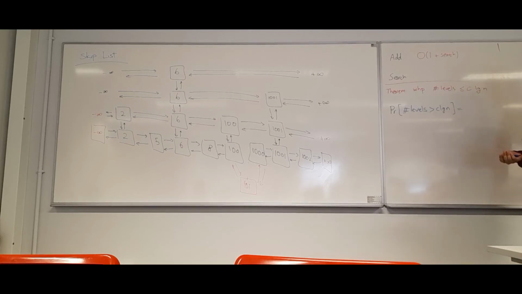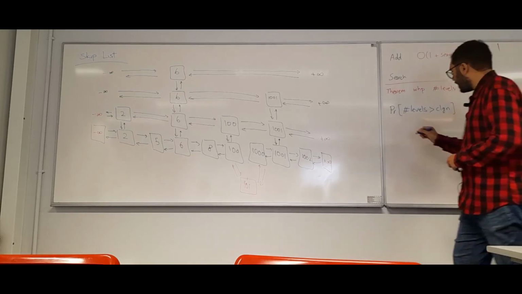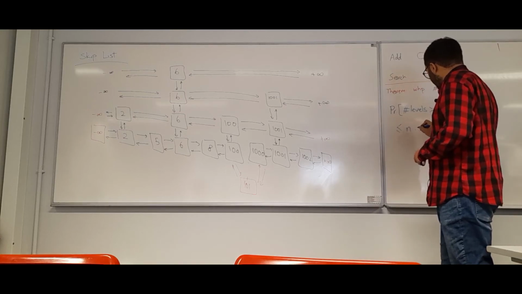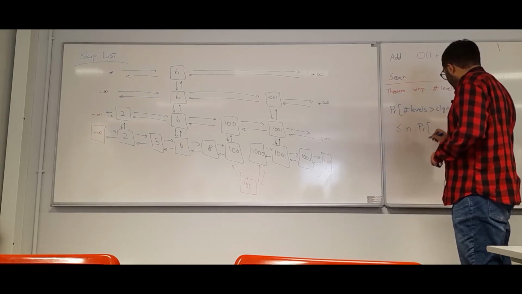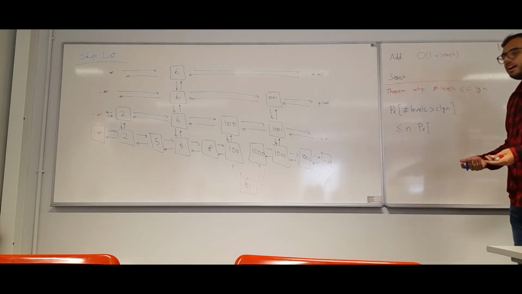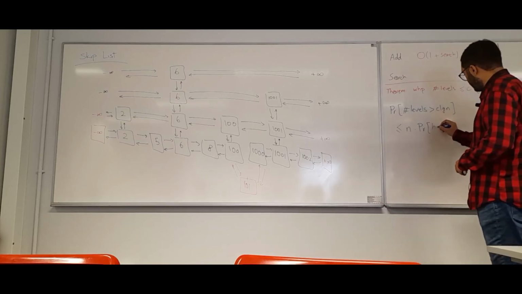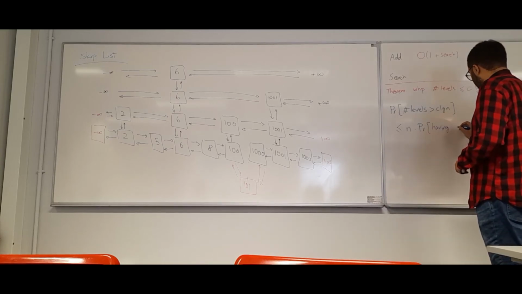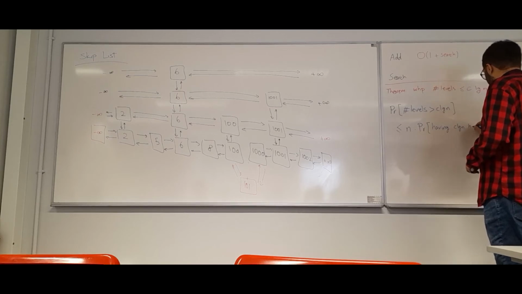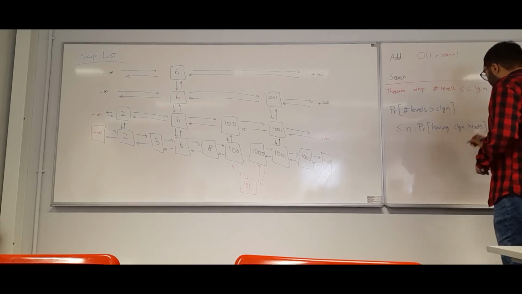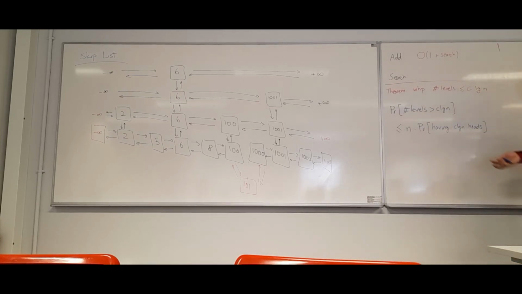Okay, so I have n elements, so I can say this is at most n times the probability that when adding an element I had c log n heads. Now, I just have a fair coin, right?